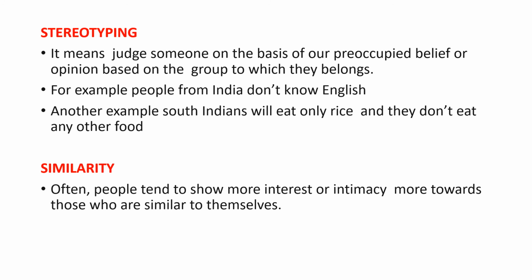Like that, a preoccupied belief or opinion based on the place where they are staying is known as stereotyping. Another example: South Indians will eat only rice and they don't eat any other food. That is another preoccupied feeling. South Indians, they don't eat much roti or parathas, they'll eat only rice.